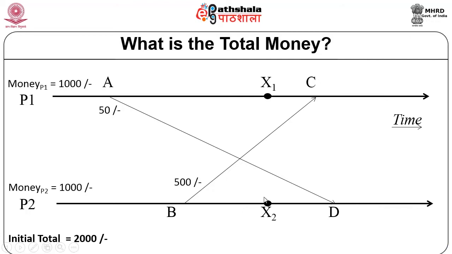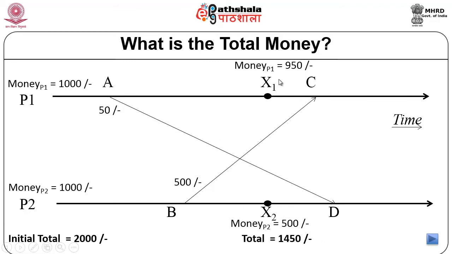Now, where is the surprise? This is a surprising situation. If we decide that x1 and x2 will be the two points where we would want to take the snapshot, then look at x1, the value is 950 because I am yet to receive the 500, and look at x2, the value is 500 because I have given the 500 and I am left with 500.